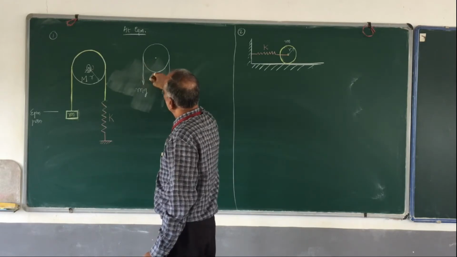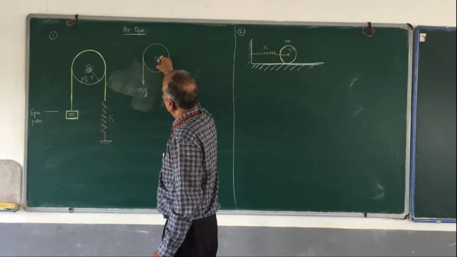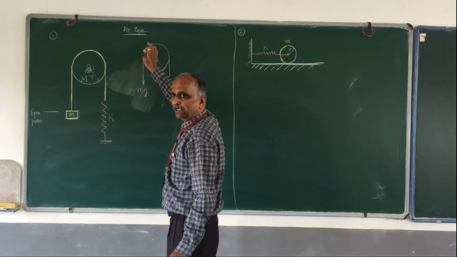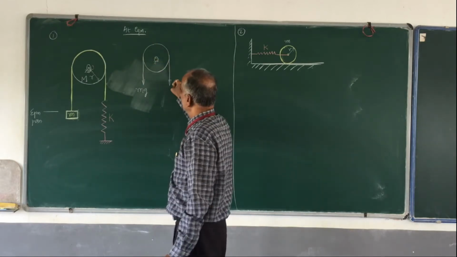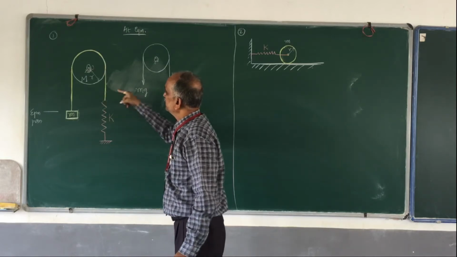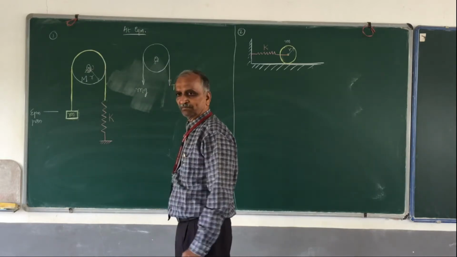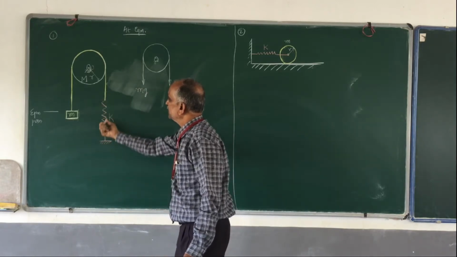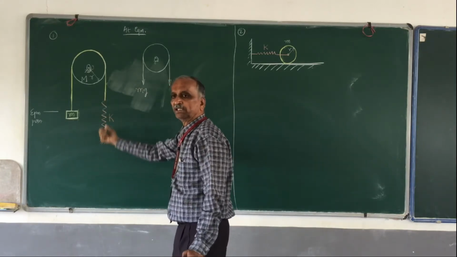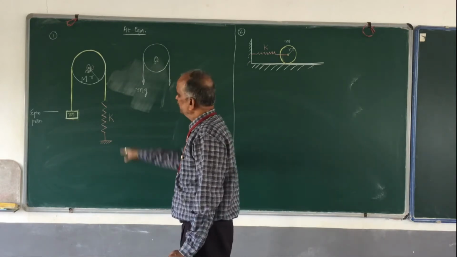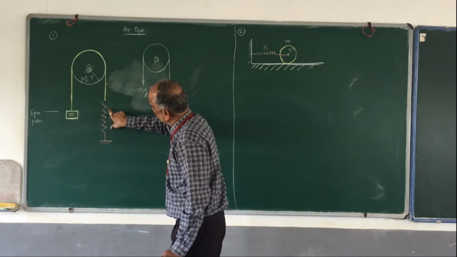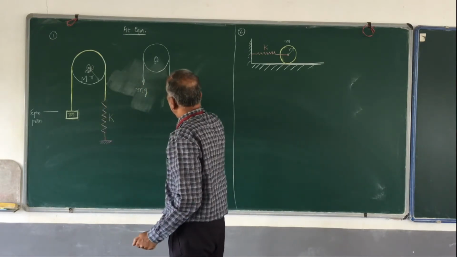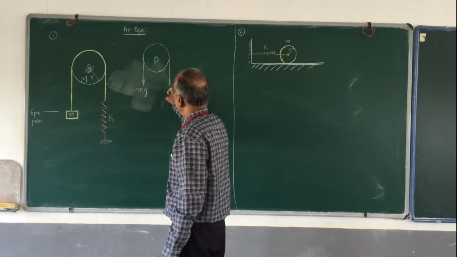This mg will try to rotate this pulley in the anti-clockwise direction. And what about this? If I cut it here, I can show tension. Or in other words, the spring must be pulling it in the downward direction. The spring shall try to pull it in this direction. This is the force which is coming from that.